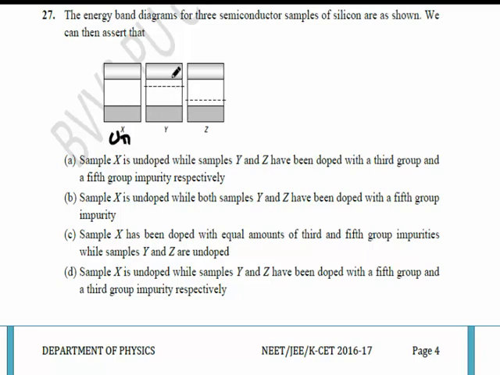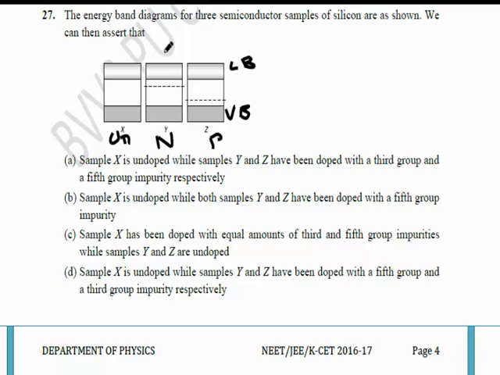In Y, the impurity level is towards the conduction band. If it is the conduction band, then this other one is the valency band. So if the impurity level is towards the conduction band, it is N type. If it is towards the valency band, it is P type.